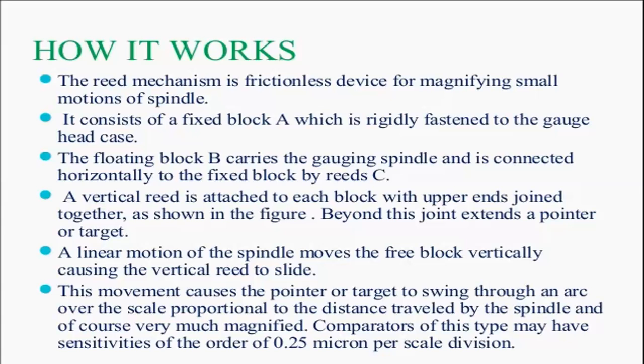Then this movement causes the pointer or target to swing through an arc over the scale, which is proportionate to the distance. So that is the distance traveled by the spindle, which is very much magnified.